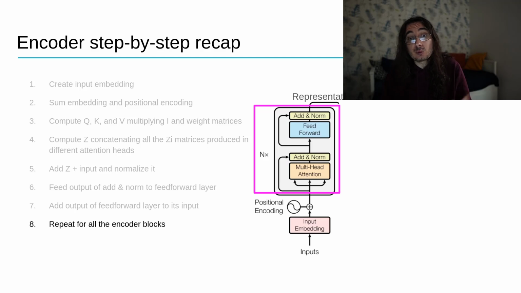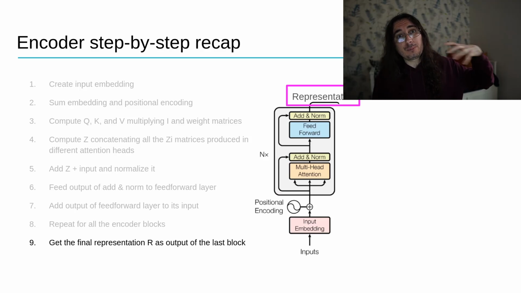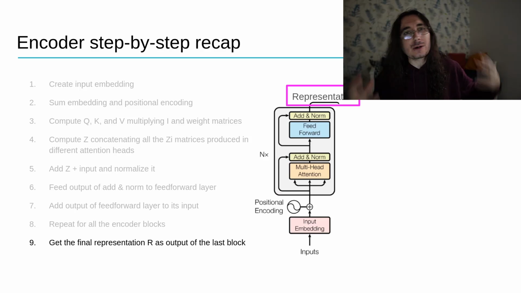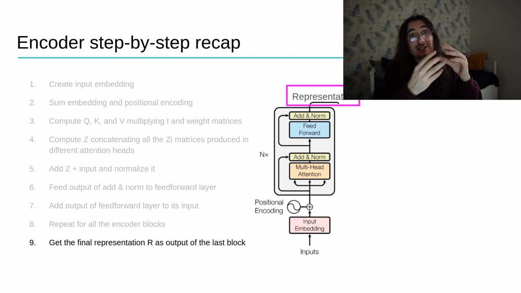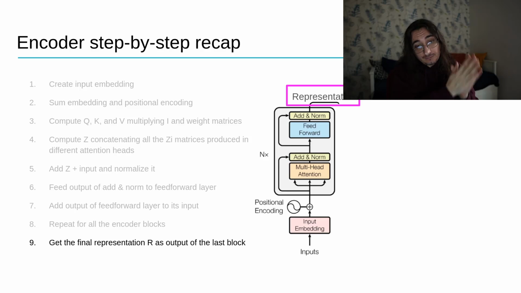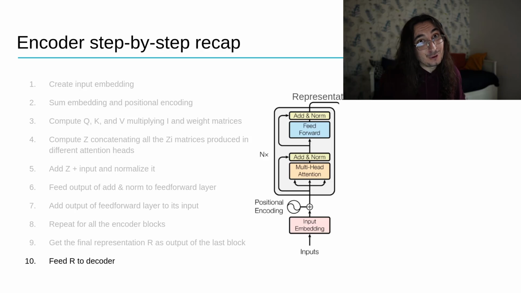And then once we are at the last encoder block, we get the final representation R. This is extremely important because it's a very high-level representation that has a lot of abstract, complex and contextual information. So it's very, very rich. That's the hope, at least, of the encoder. We take this representation and then we feed it as the input for the decoder.